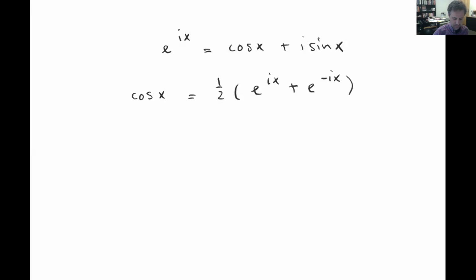Now finally, given this expression, let's write it down one more time because it's so important. For the complex exponent in terms of the cosine and sine, I can now write the cosine and the sine in terms of the complex exponents. These are the following famous formulas. The cosine is half e to the power ix plus e to the power minus ix. That's the definition for the cosine.